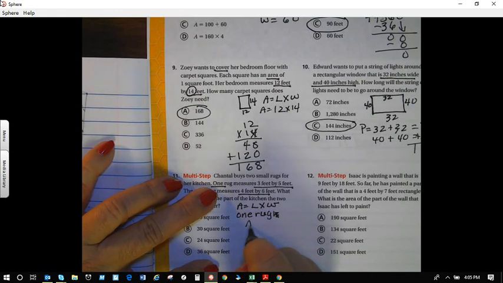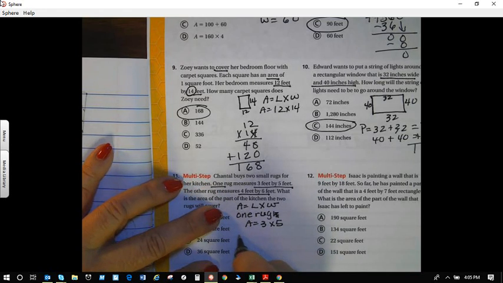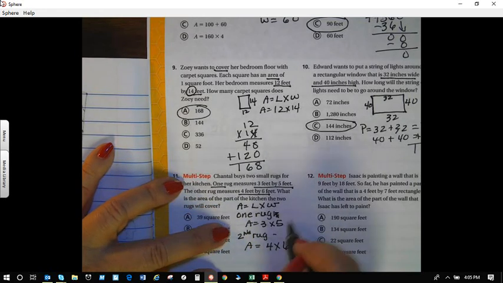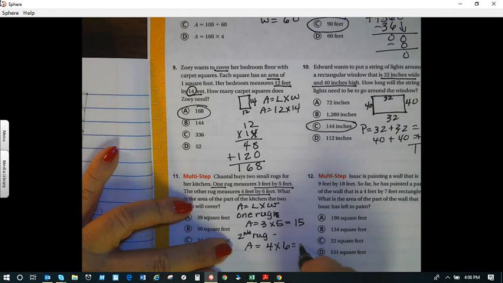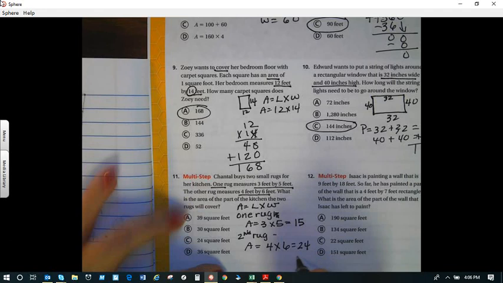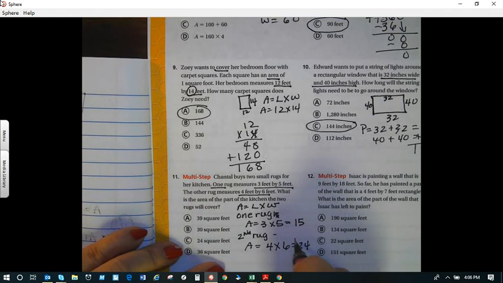So one rug is going to be area equals 3 times 5. Then the second rug will be area equals 4 times 6. Okay, so this one here is going to equal 15 square feet. This one here will equal 24 square feet. So now I'm going to add those together, and that gives me 39.